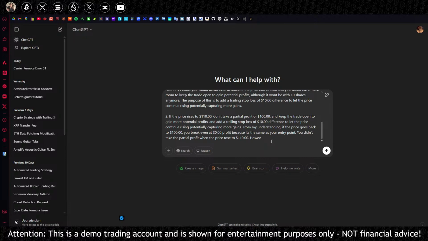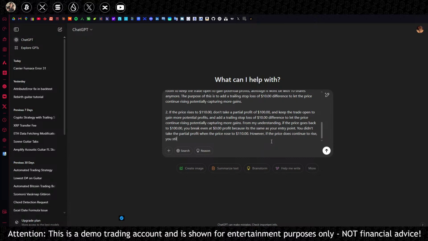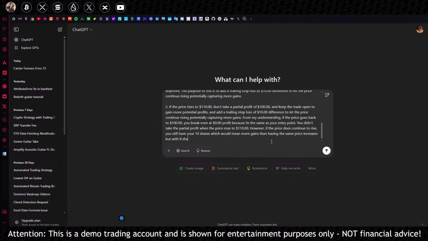However, if the price does continue to rise, you still have your 10 shares, which would mean more gains than having the same price increases, but with 9 shares because one was sold.